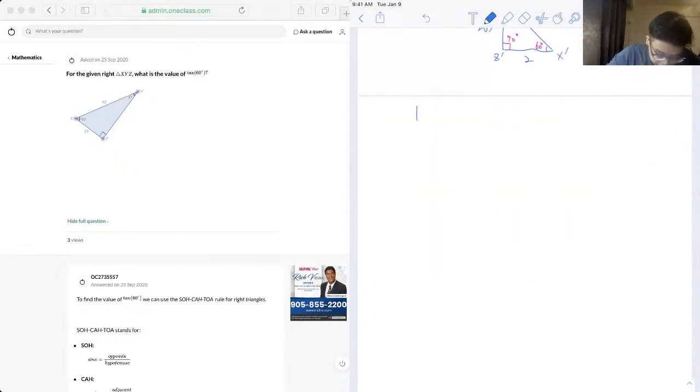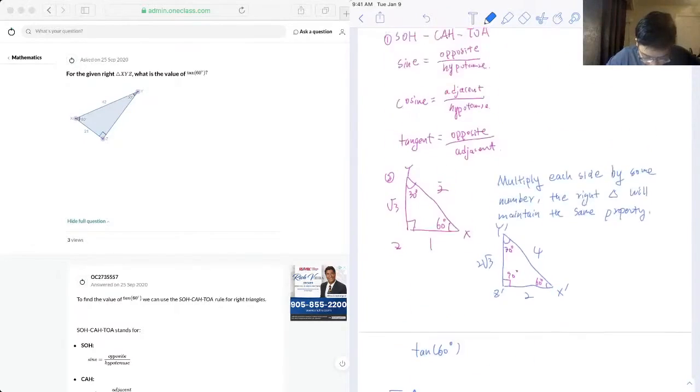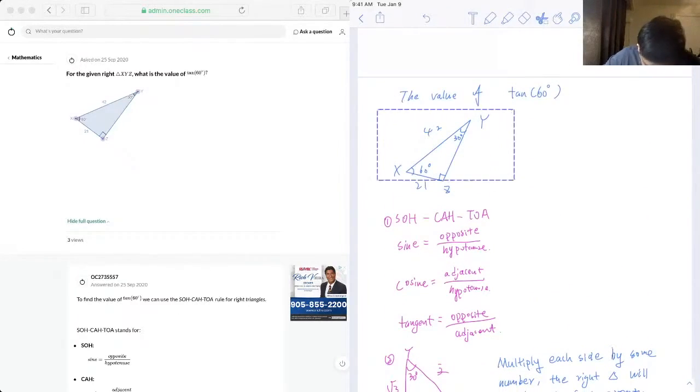So we need to solve for tangent 60 degrees. Let's use the TOA relationship. Recall TOA means tangent 60 degrees is equal to opposite over adjacent. I'll copy down the graph.